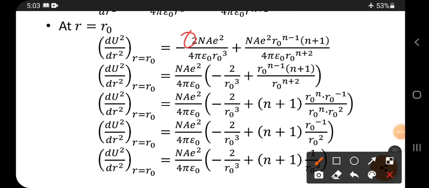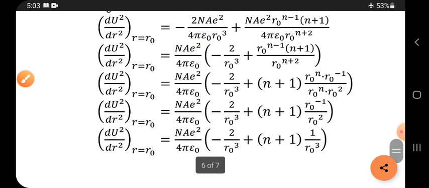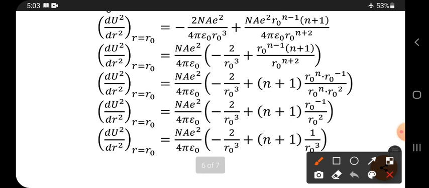Here 2 by r naught cube remains, and the remaining quantities are taken outside, with minus 2 by r naught cube plus here also. The remaining factors: this factor divided by this factor, only three factors remain. Now we separate r naught power n and r naught square, and also r naught power n, r naught power minus 1.